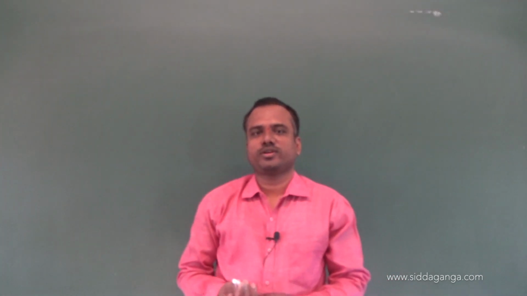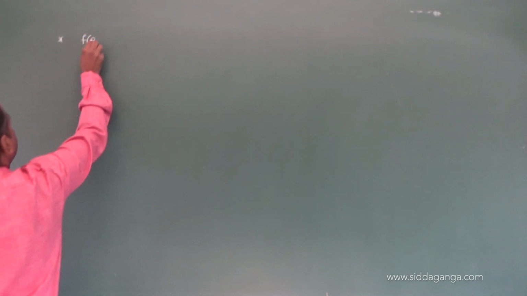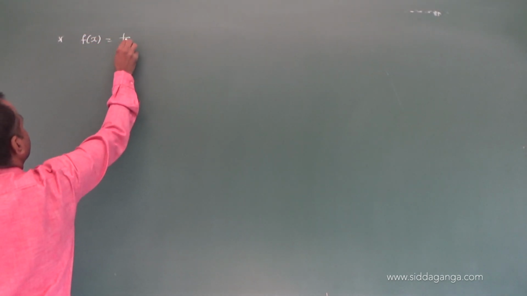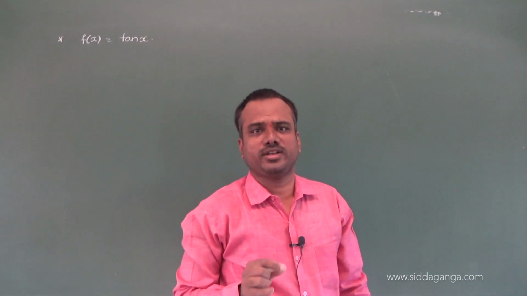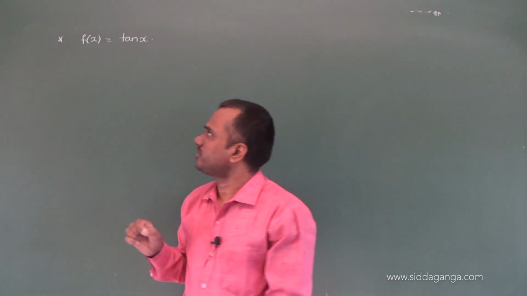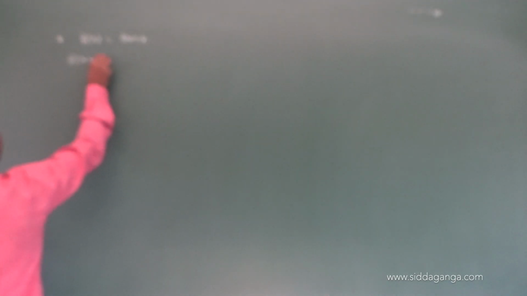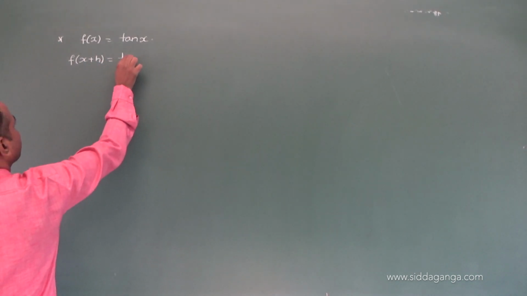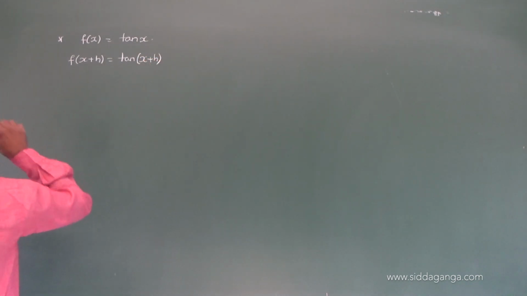Okay, sin is over, cos is over. Third trigonometric function, f of x is equal to tan x. Now we are finding the derivative of tan x. Same procedure we followed in the previous two problems. f of x plus h is tan of x plus h.